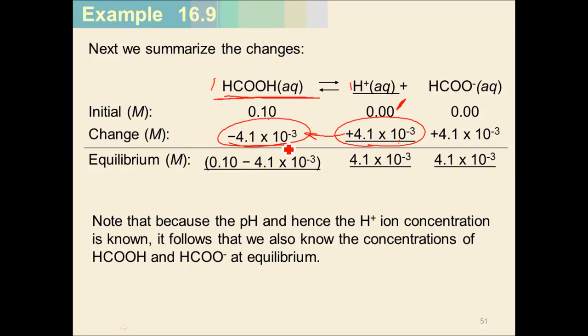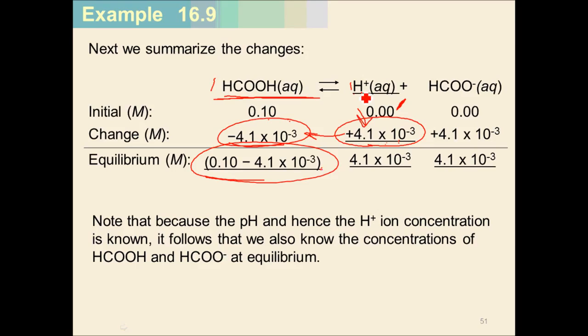So you see this pH at equilibrium gave us the hydronium ion concentration. Since there's a 1-to-1 mole ratio, that is how much formic acid we lost, which is a number you can calculate, 0.1 minus 4.1 times 10 to the minus third. We're just showing you how you get it here.